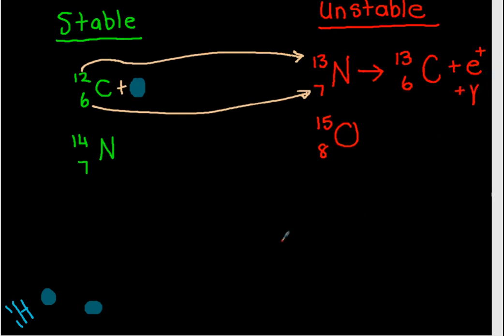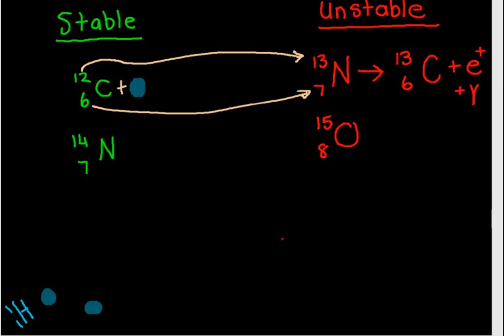Now, this positron will immediately go and annihilate a normal electron, and we end up with two gamma rays. A lot of energy in the form of photons being sent out. And now I end up with this carbon 13.